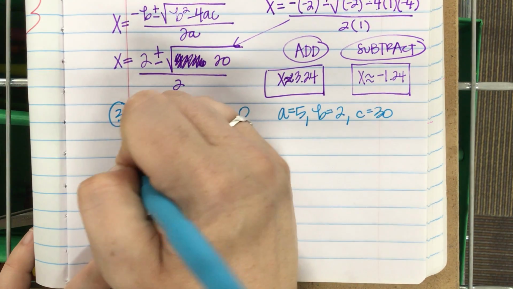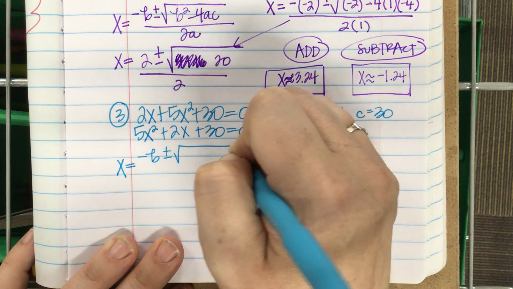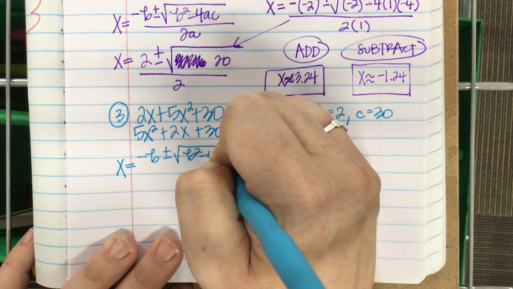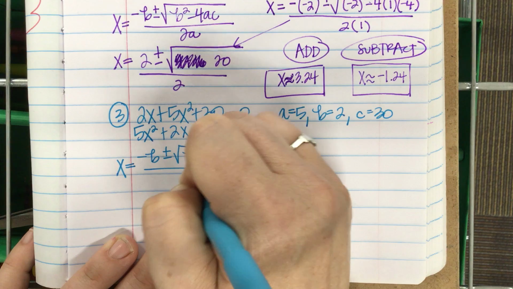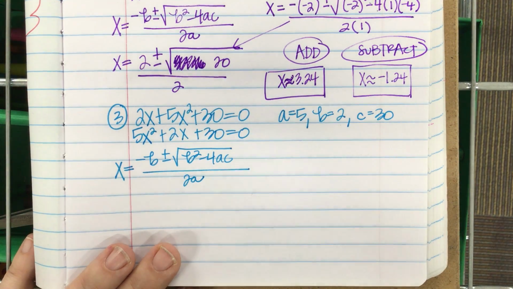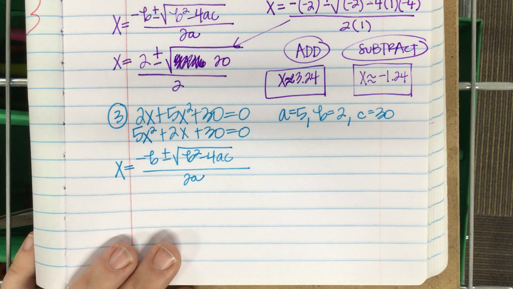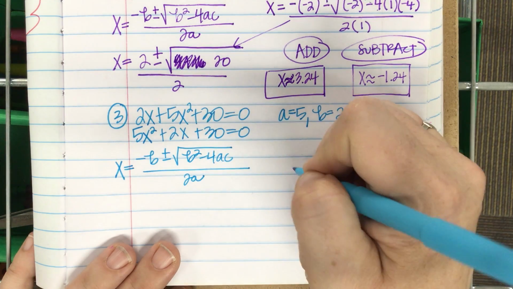I'm going to rewrite my quadratic formula. X equals negative b plus or minus the square root of b squared minus 4ac all over 2a. If your problem equals 0, then we substitute, using parentheses.